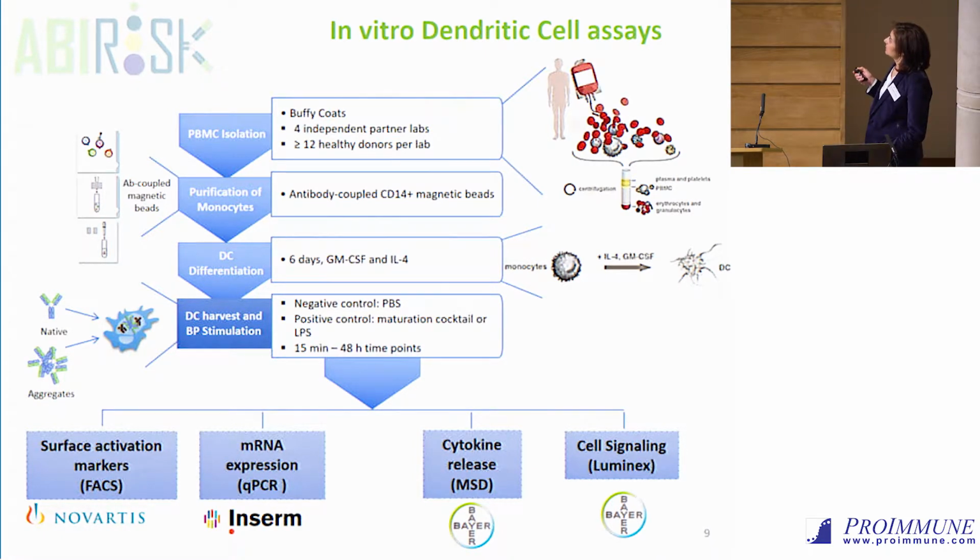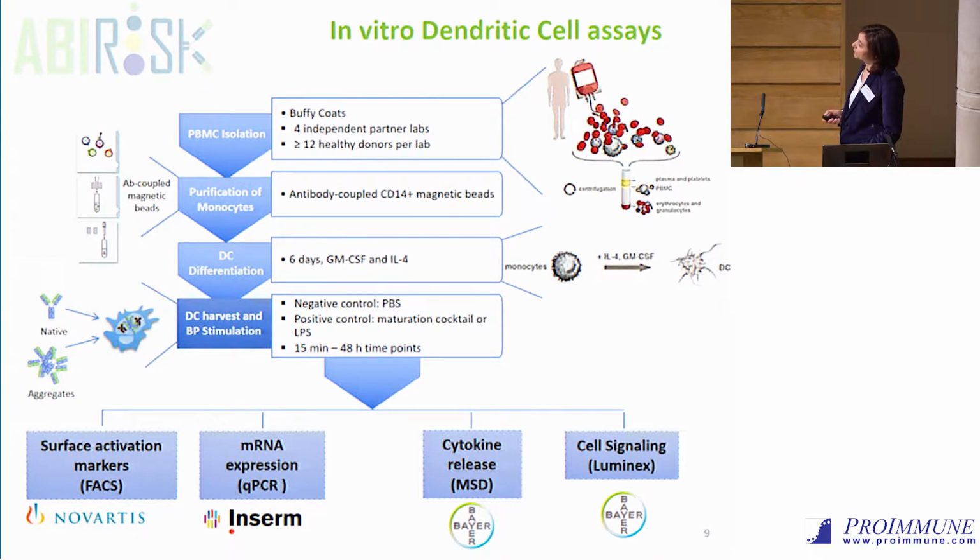So this stage of immaturity was well controlled, and then immature DCs were incubated either with native or aggregated antibodies, and we took some positive controls that were maturation cocktail with cytokines or LPS. And then independently, the 4 labs performed one assay.